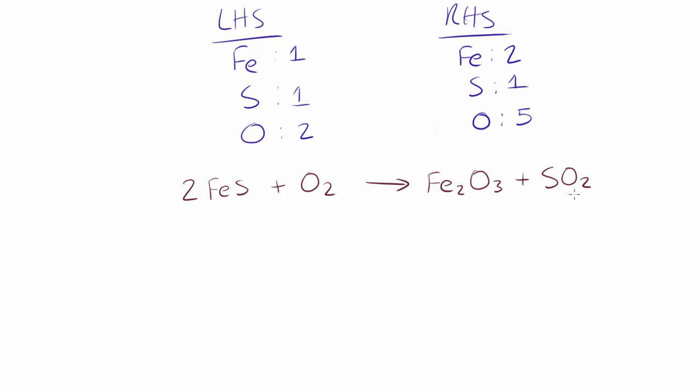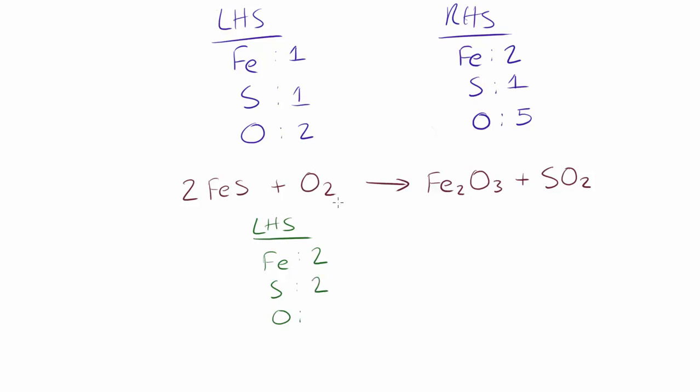Now, if we do our process of auditing this for the elements again, we can do the left hand side first. We have 2 FeS and O2, and so we added a 2 here, right? So that's going to mean that for Fe we're going to have a 2, for sulfur we're going to have a 2, right?